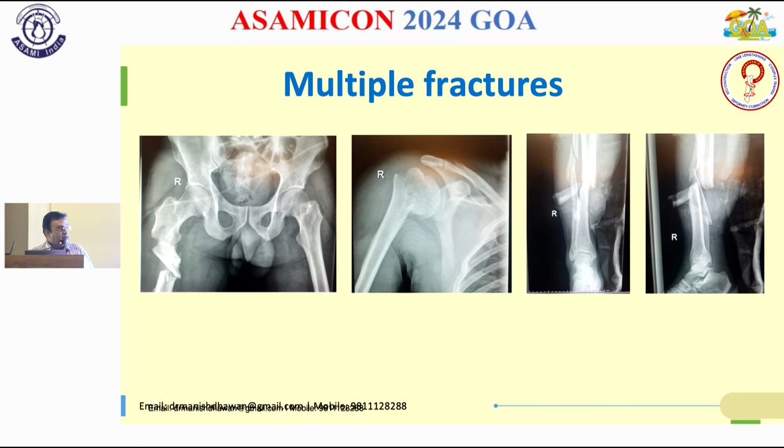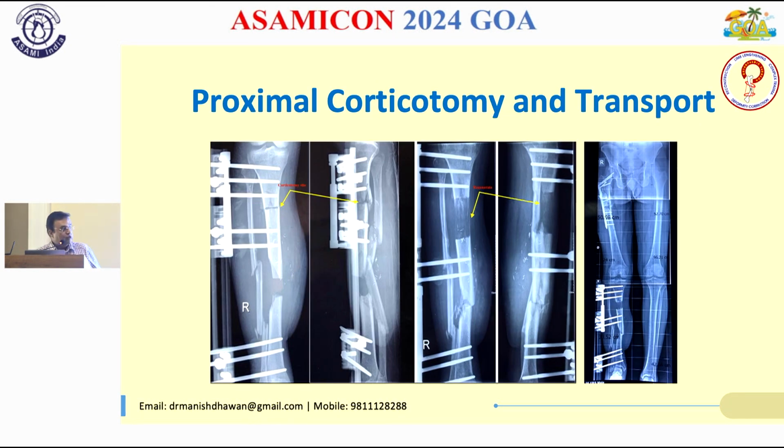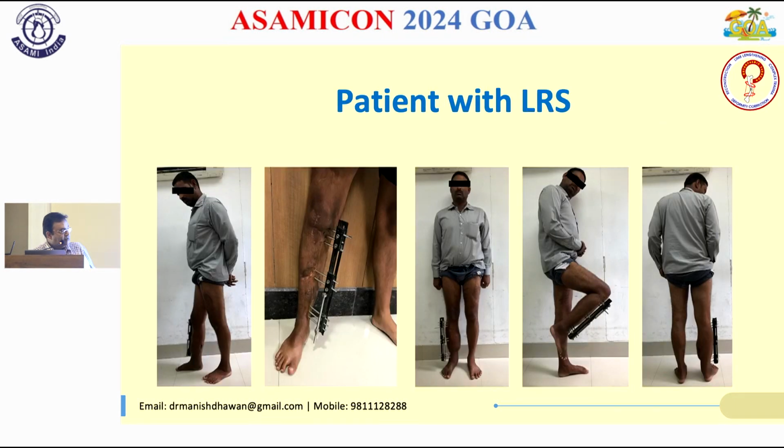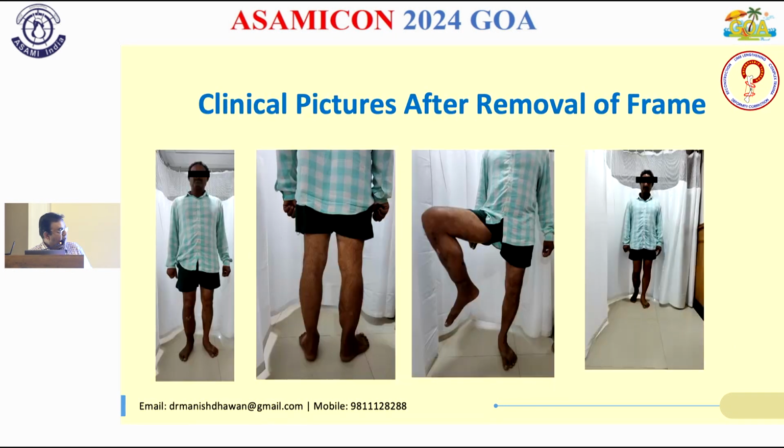This was a polytrauma with multiple fractures. This was an osteomyelitic, necrotic fragment. It was excised, debrided thoroughly, and transported. This is the patient with the frame. You can see the flap, LD flap. And this is his union.